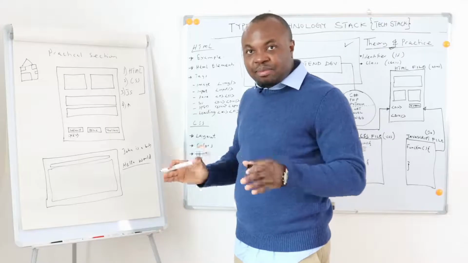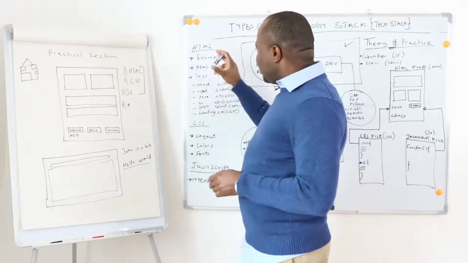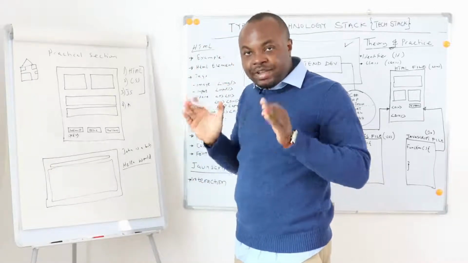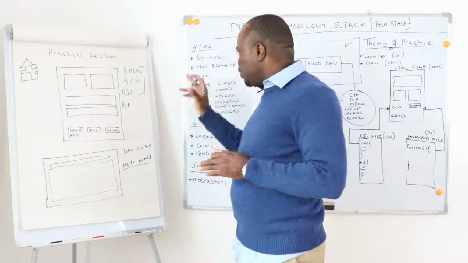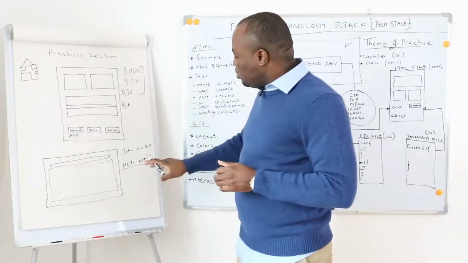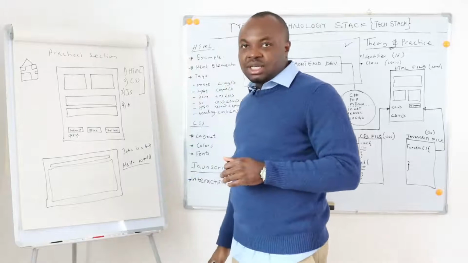And the basic format that the browser understands is HTML. That's the main vehicle for displaying information on the browser. So now let's come to your HTML. How do you then take this information, put it inside the HTML, and send it to the browser?